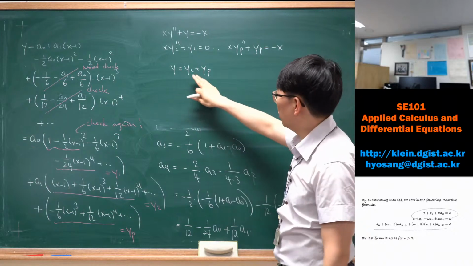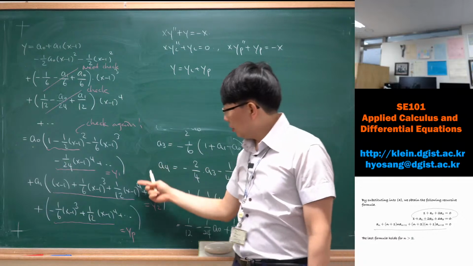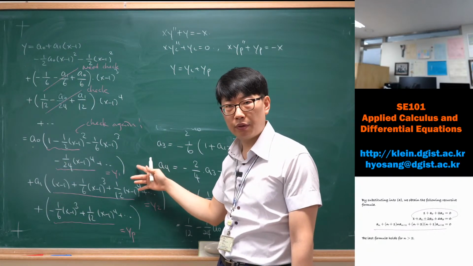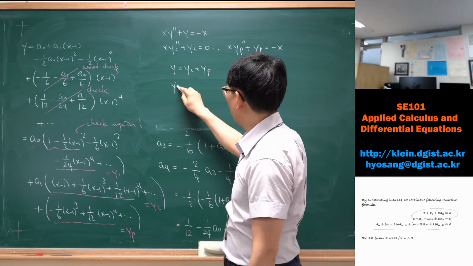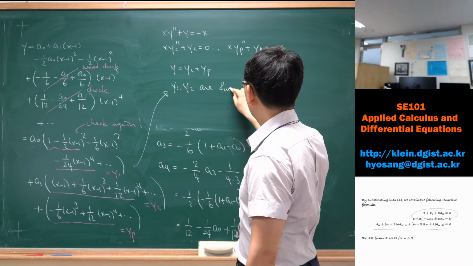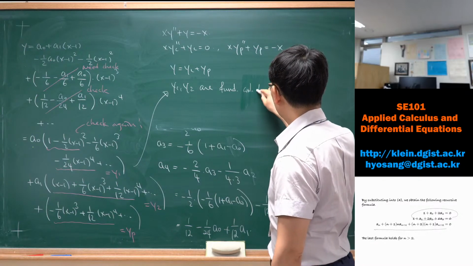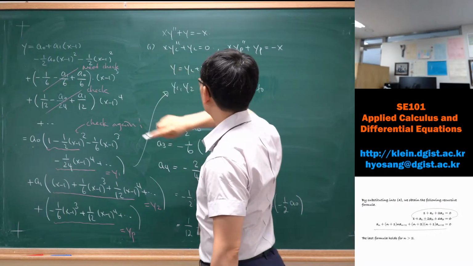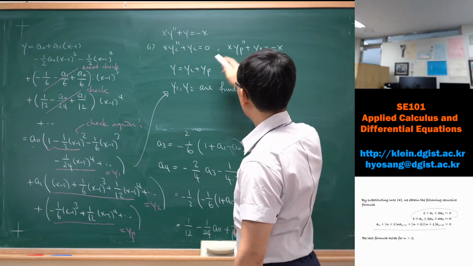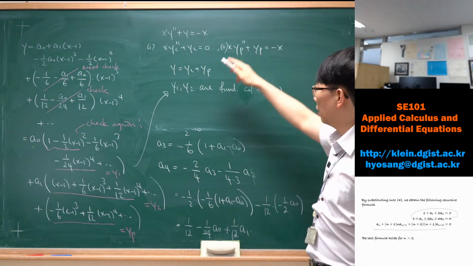So we have a general solution as a sum of complementary solution and particular solution. So these first two summands serve as a complementary solution. This y1, y2 here are fundamental solutions to this one, the first equation. Okay? So the first one, let's say this is the second one. The second one is the original differential equation.